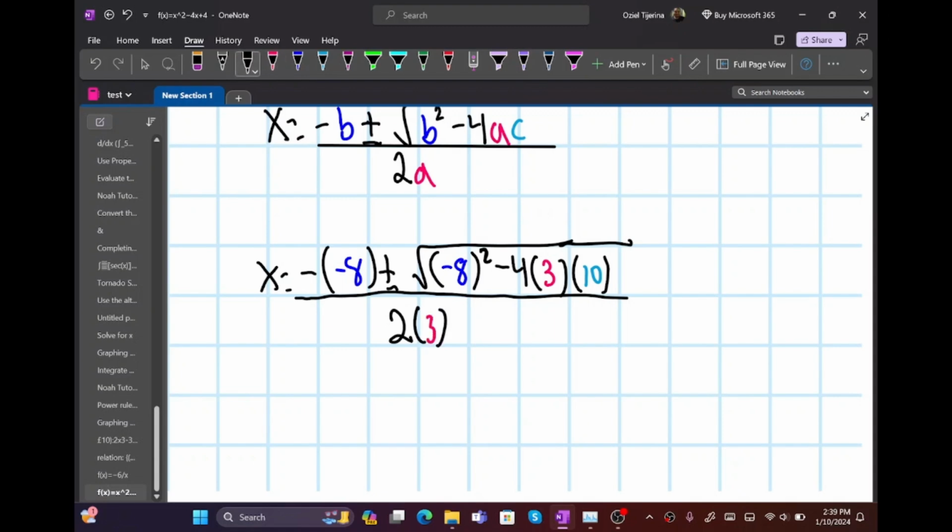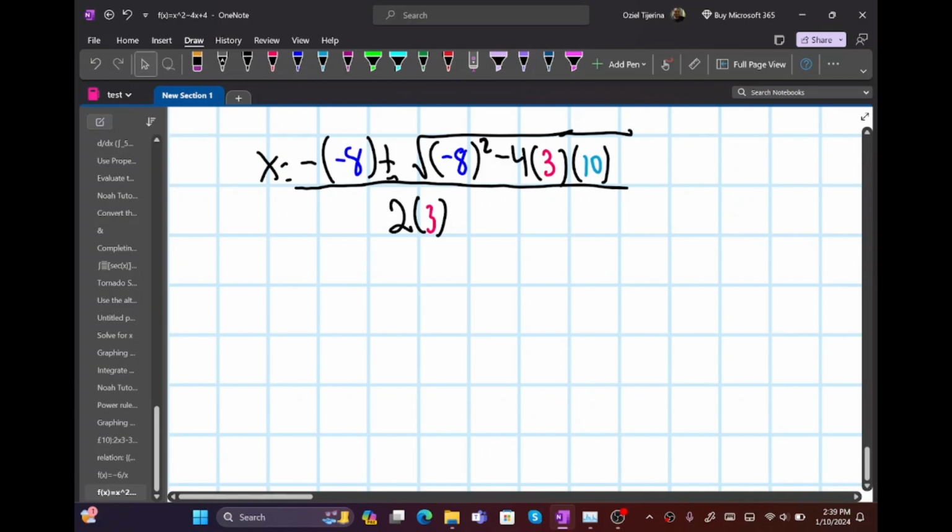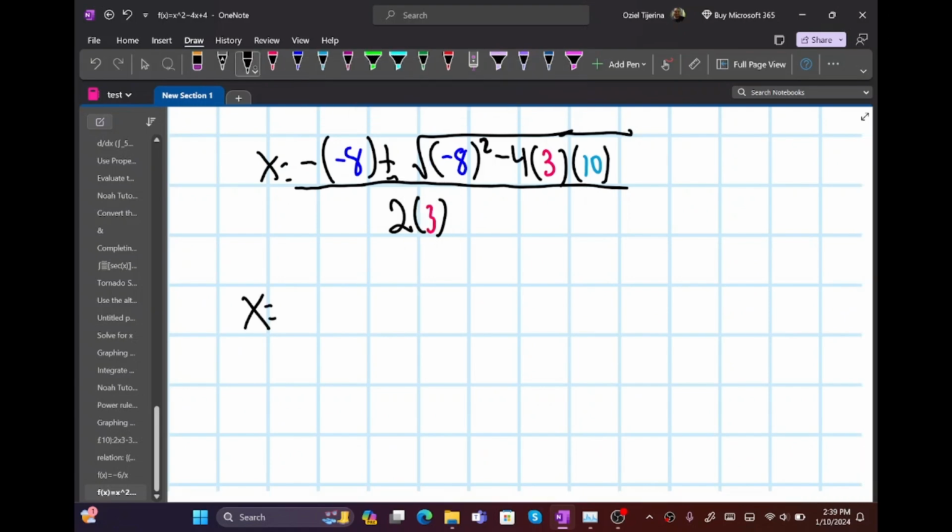And now we just want to simplify this. So we're going to have x equals, and negative of negative 8 is 8, plus or minus the square root of, and this part here is going to be 64 minus 12 times 10, and then all over 6, because this part is 2 times 3.